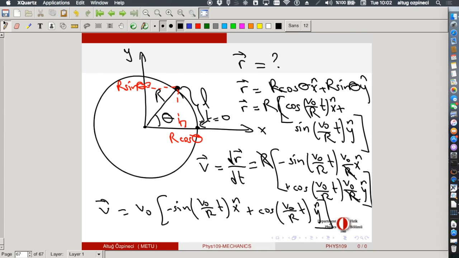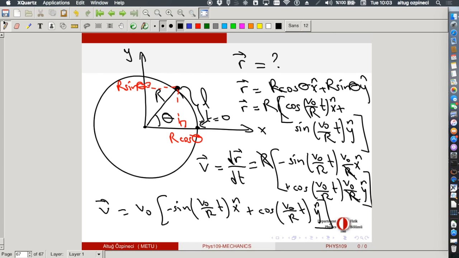We can look at their scalar product. Now, if you look at their scalar product, remember, if you have two vectors, their scalar product is just multiply the x components, multiply the y components, multiply the z components, and sum them up. Now, the x component of this one is r times cosine. The x component of this one is minus v0 times sine.